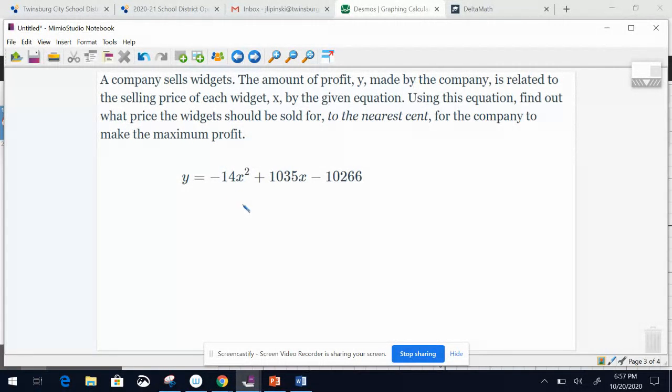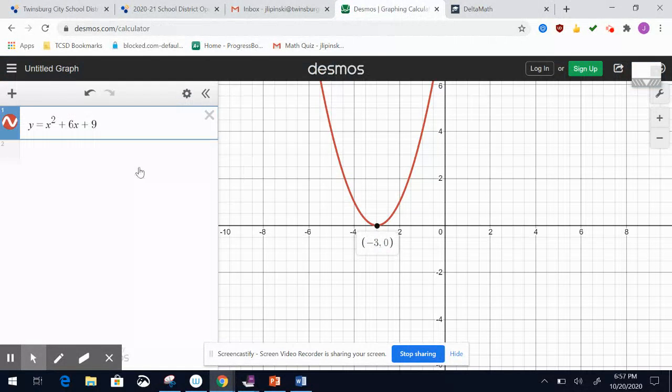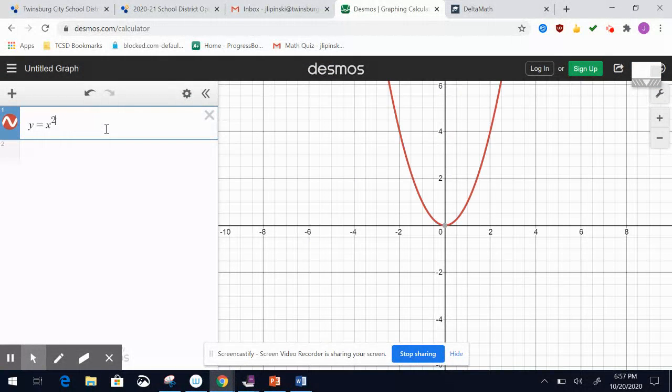So for this problem right here, make sure you pay attention. Find out what price they're asking for. The price per widget is the X value. So again, I would plug this into Desmos. Y equals, and you're going to have a large number here.